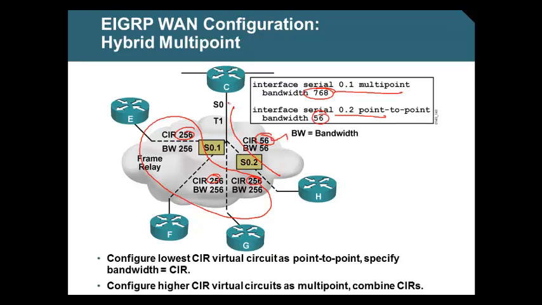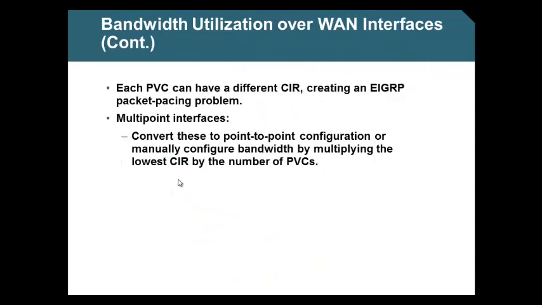So here this is going to have 2 sub-interfaces, one for point-to-point, and the multi-point one is going to have the bandwidth that is the sum of bandwidth on each spoke. So that's what I explained here. Each PVC can have a different circuit, different bandwidth in the circuit, different committed information rate. So we need to set bandwidth in such a way that it won't be a problem.